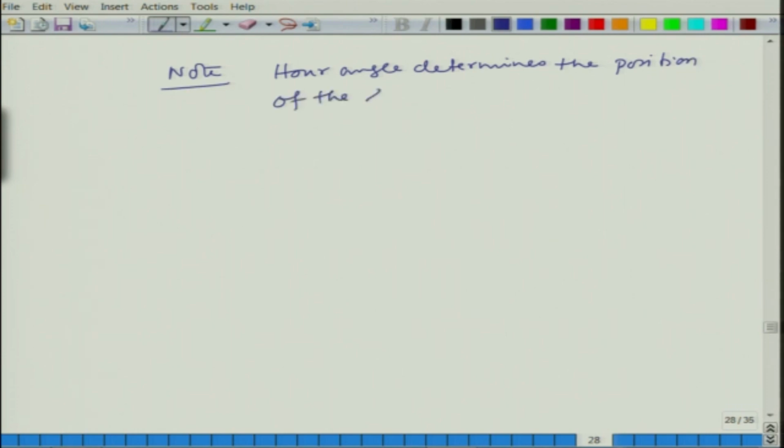Okay. So, now a few notes I should mention, that the hour angle determines the position of the sun with respect to the solar noon, right.